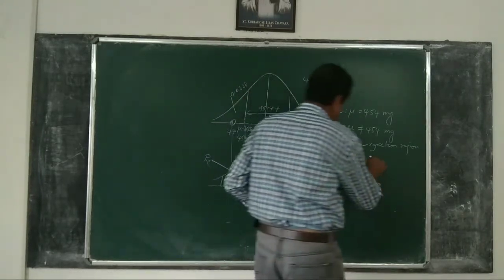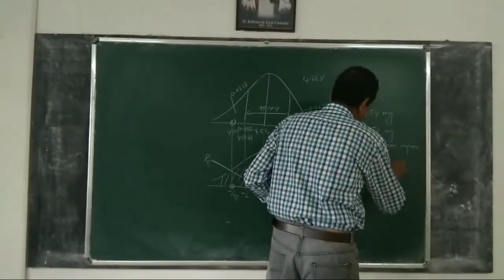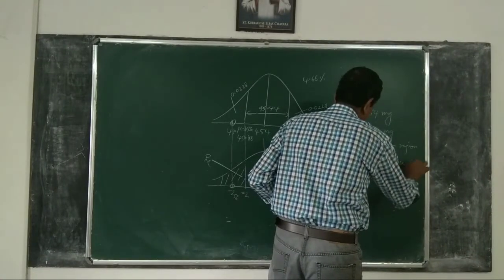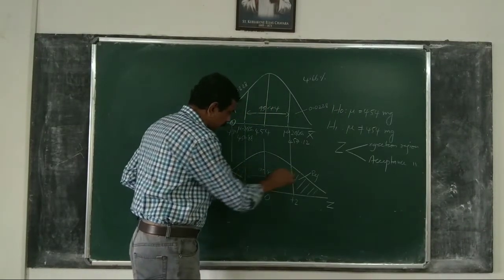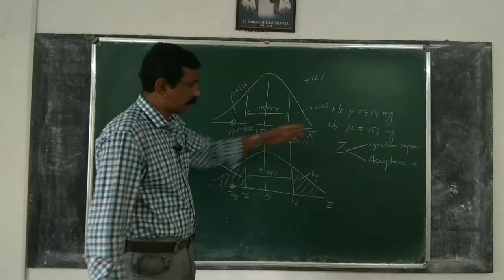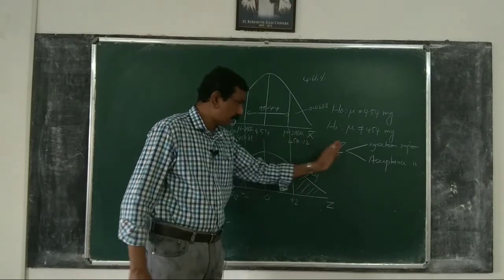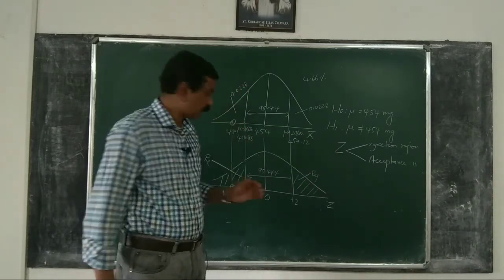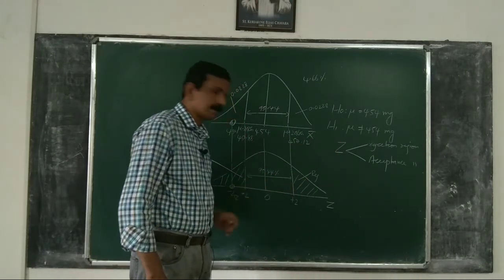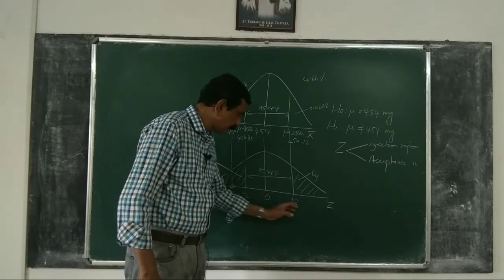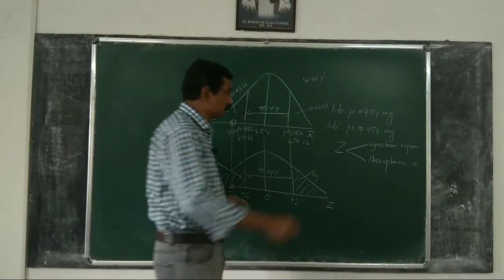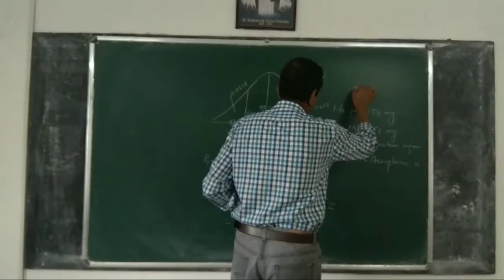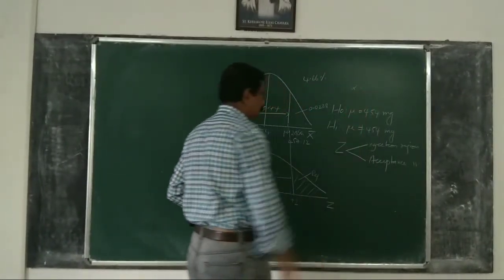The acceptance region, and this is the acceptance region. These are values of the test statistic that will not lead us to reject H0, between -2 and +2 for a given level of alpha.